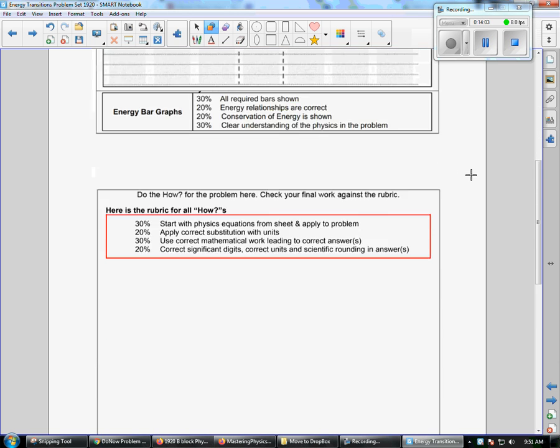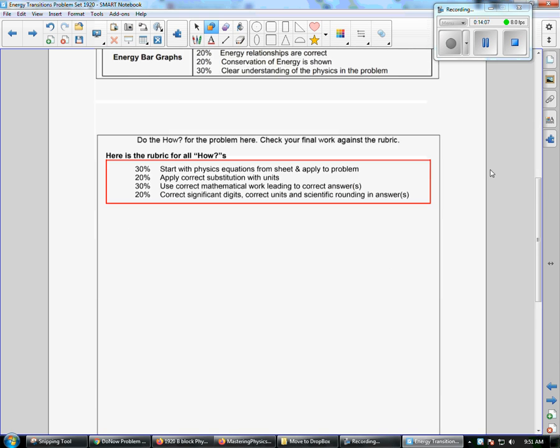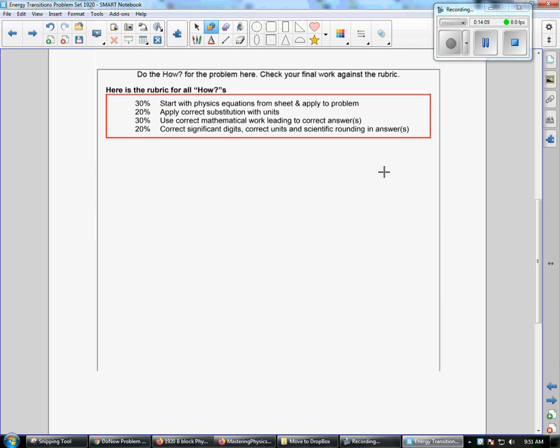So I'm going to use that right here. I'm going to start off with that equation. So KE, and because that one's before anything happens, I'm going to call it initial.